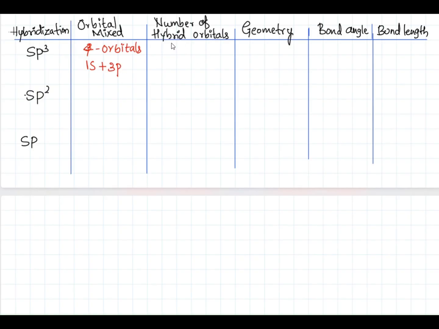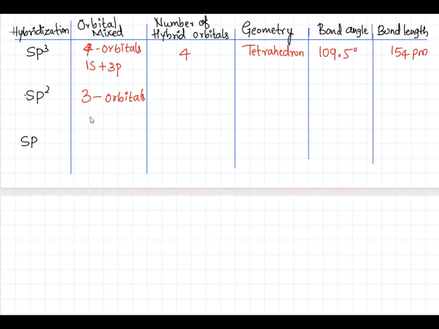The number of hybrid orbitals is 4. The geometry is tetrahedral, the bond angle is 109.5 degrees, and the bond length is 154 picometer.